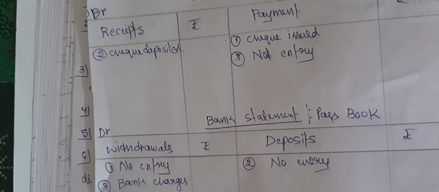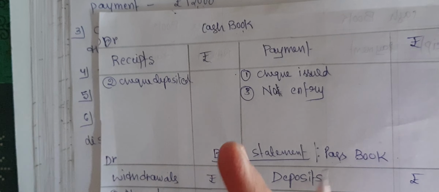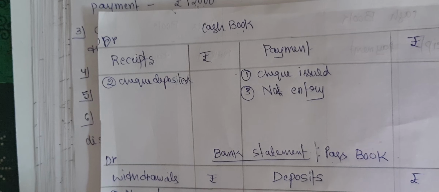Interest credited by the bank means in the passbook, interest credited in the deposit side. Okay, interest credited in the passbook. But in the cash book, interest credited means that is a receipt only for the business.